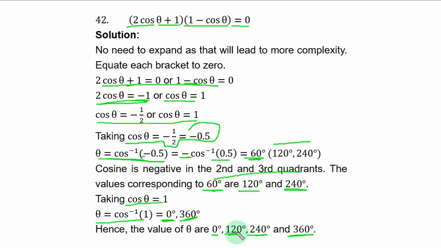That is why we don't have 60 degrees here again, because 120 and 240 were obtained because of 60 degrees when we check the quadrants where cosine is negative.